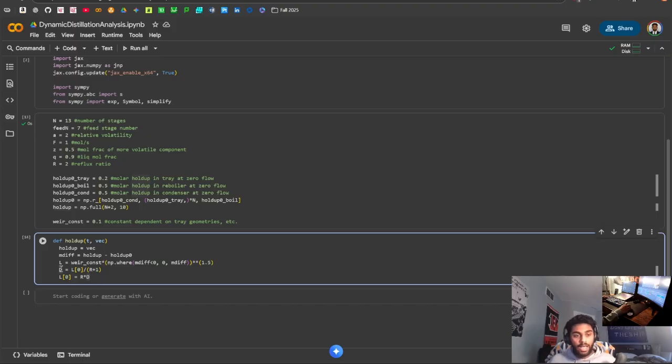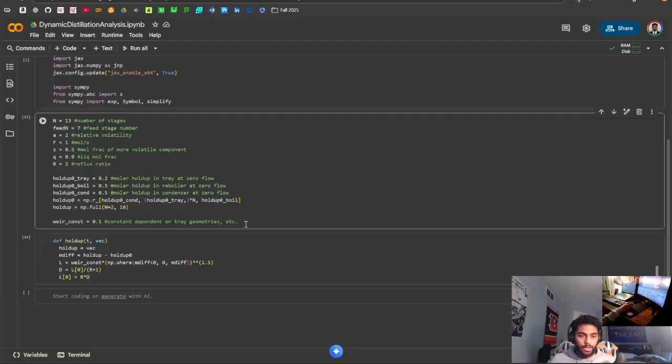So now we have a value for our distillate flow rate, and we have redefined the value for our first position in our liquid flow rate array. And this technically is the flow rate leaving that condenser flowing into our first stage of our distillation column. So just to put a little bit more sense to that.